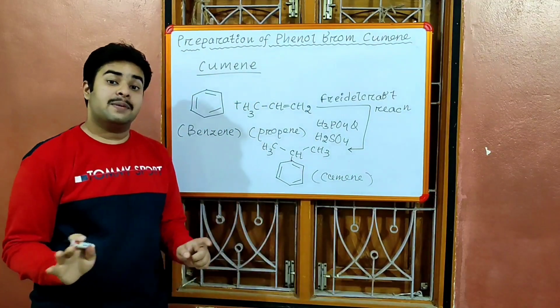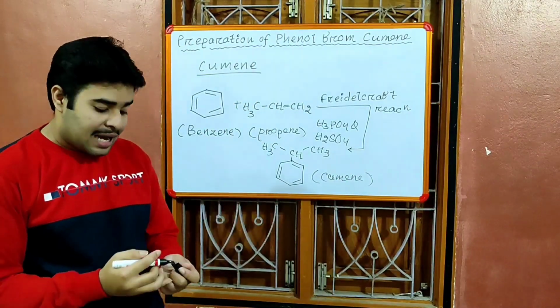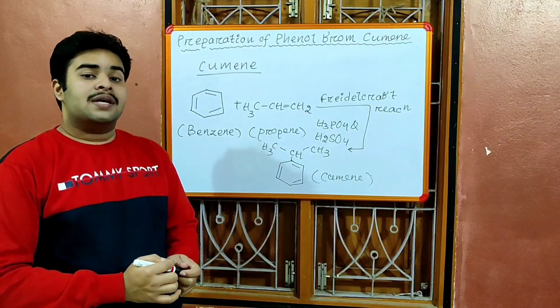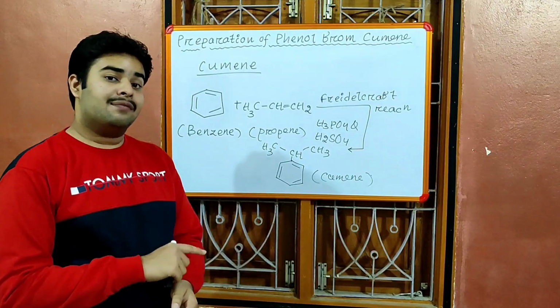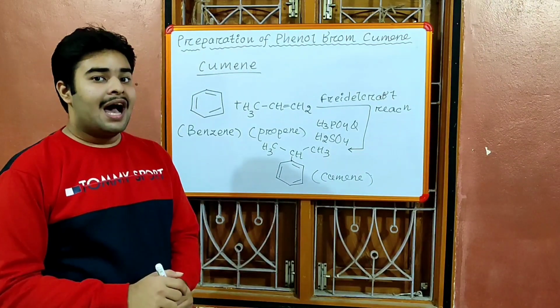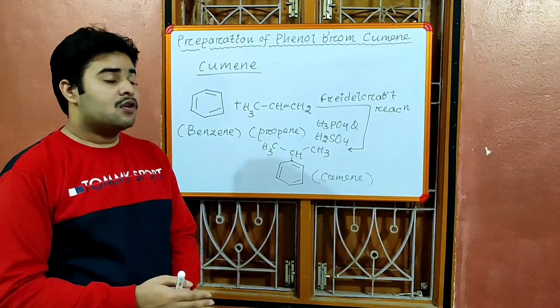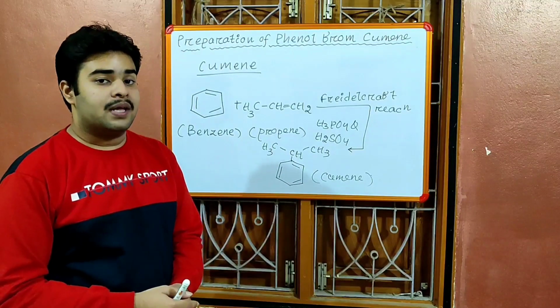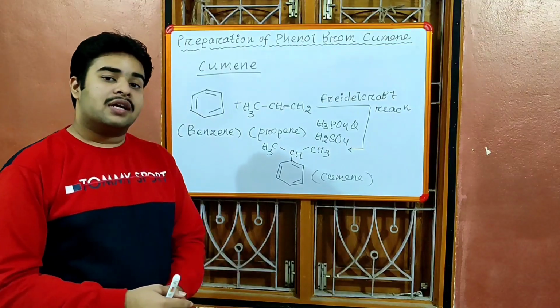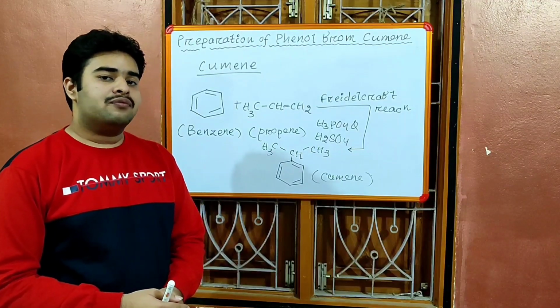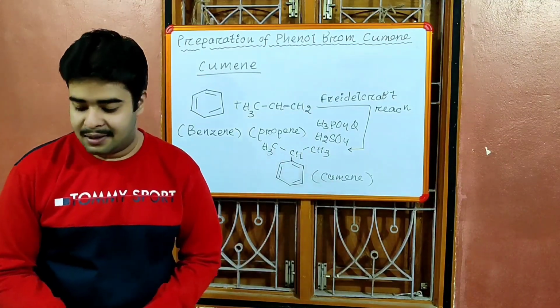So now we have prepared our cumene. Then the next step is the formation of cumene hydroperoxide. But firstly we have to go for the mechanism of how our cumene is produced from our benzene and our propene.